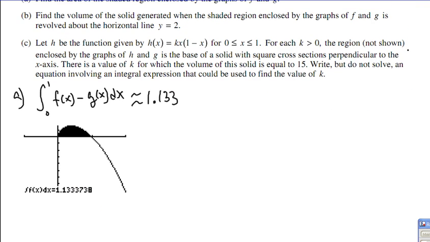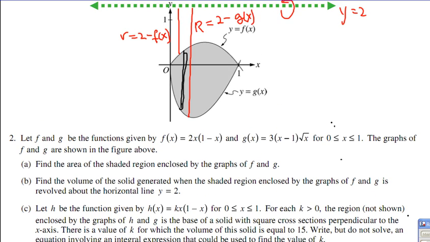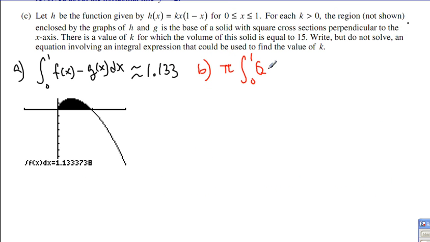So knowing that, for number B, the volume will be pi integral from 0 to 1 of the bigger radius, 2 minus g of x, squared, minus 2 minus f of x, squared dx. That is the expression for the outer volume minus the inner volume right here.